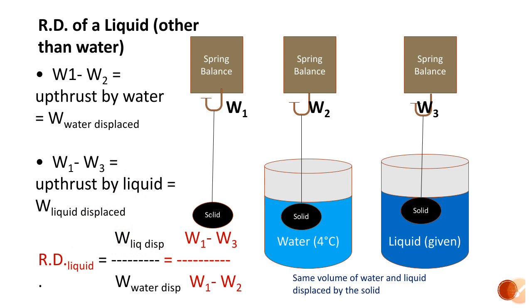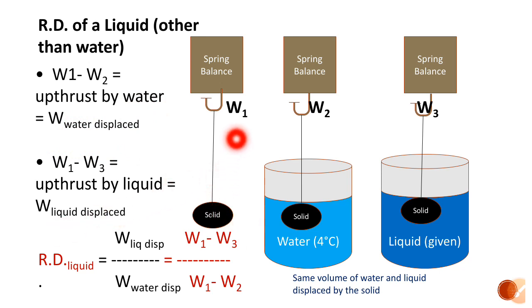Now from the previous line, W1 minus W3 is the weight of the liquid displaced, so we can write W1 minus W3, and here we have W1 minus W2. This W1 minus W2 is the upthrust by water, that means the weight of the water displaced, which is the same as the volume of the solid. So this one is the final formula of the relative density.